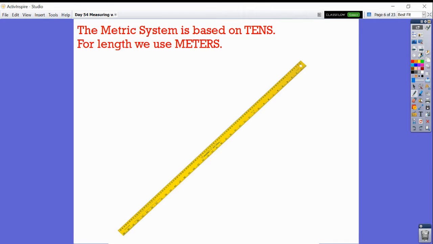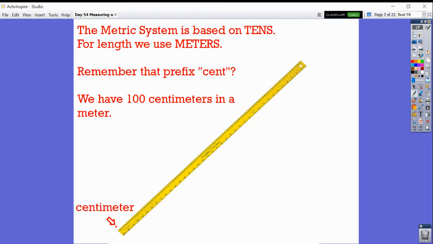It's easy. So the metric system is based on tens. For lengths, we use meters, right? Remember that prefix cent? We have 100 centimeters in a meter.